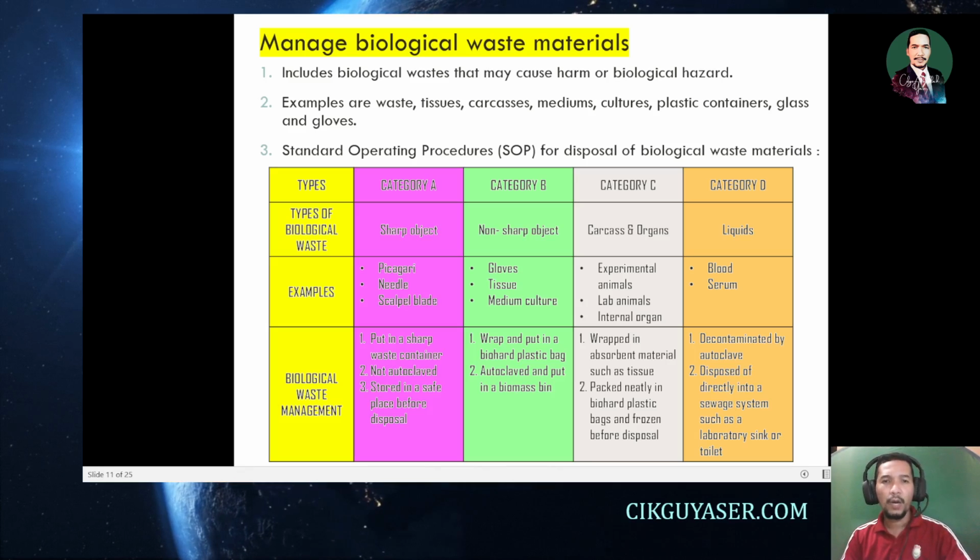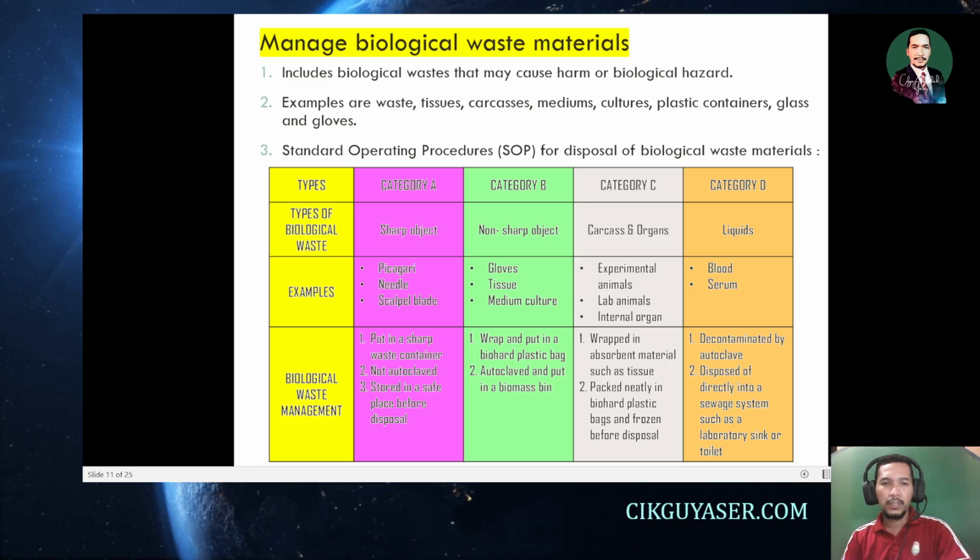Okay, so how do we manage biological waste for category A? Category A is sharp object. The first step is to put the sharp waste in the waste container.